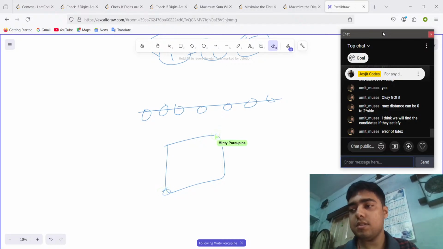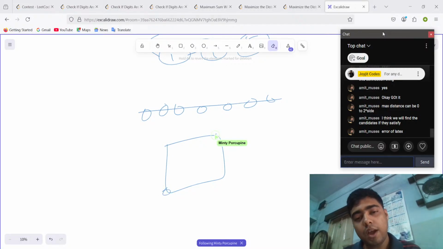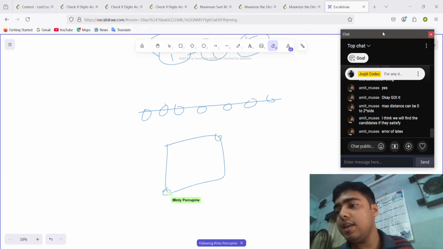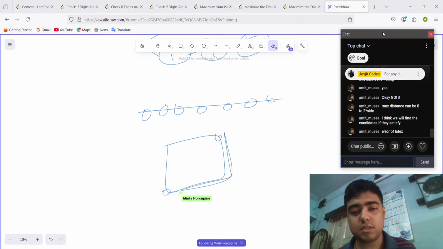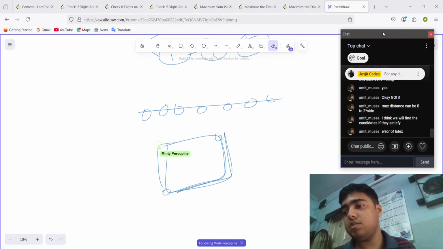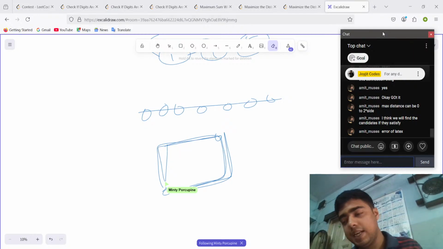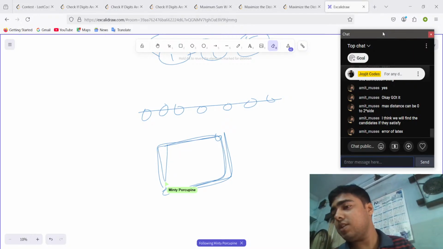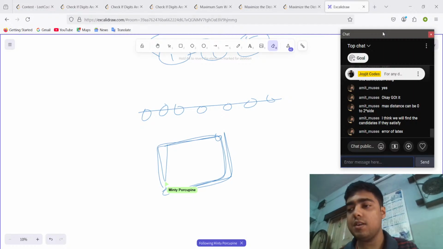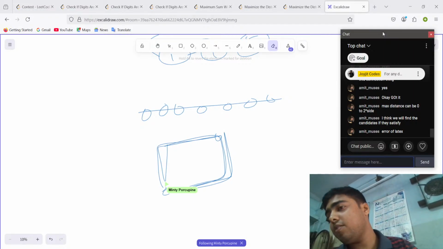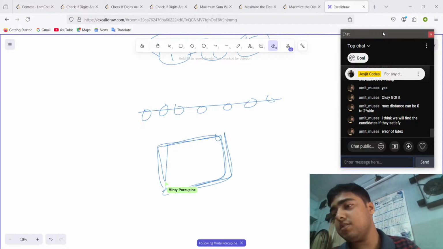This and this. For any point it can't exceed this much, because if it exceeds this, you may come up with a solution where this is at this point and this is exceeding it. So we are not going to take that, right? We are going to take this distance.